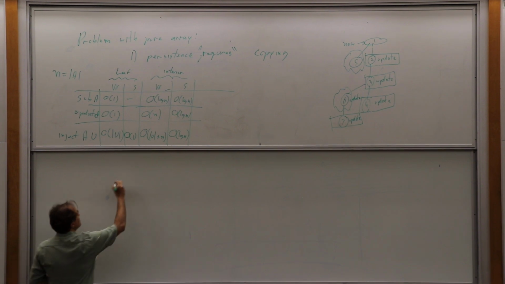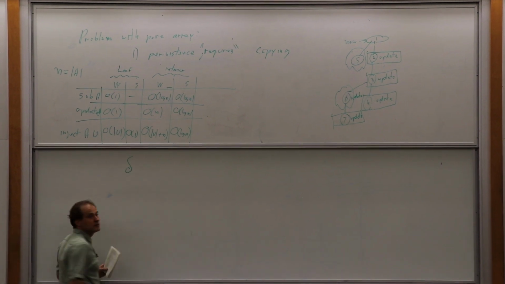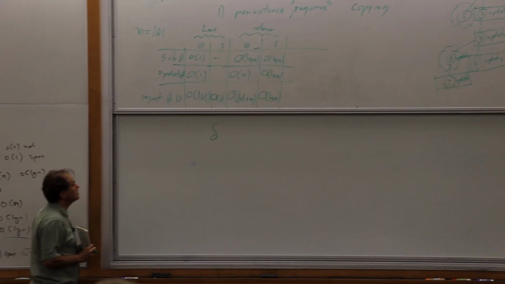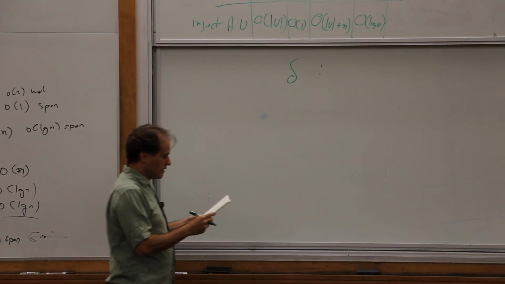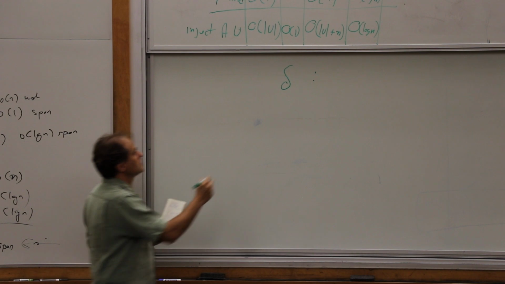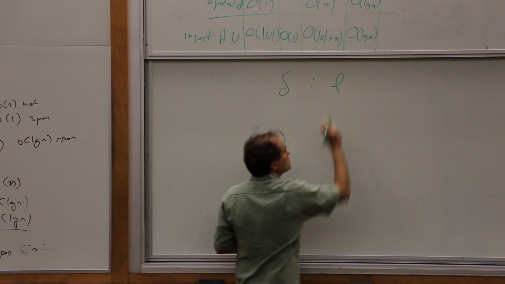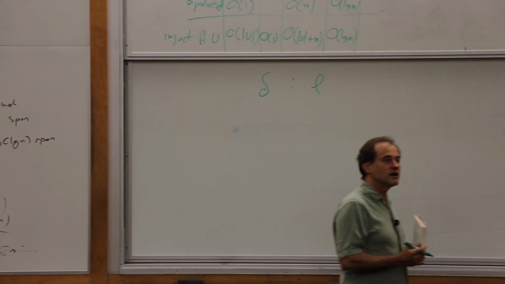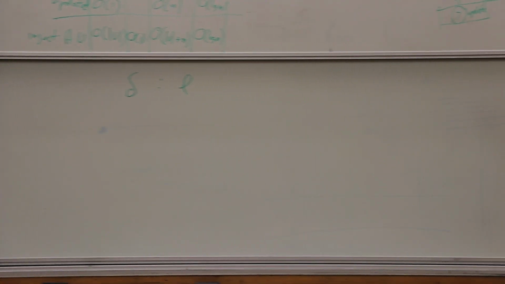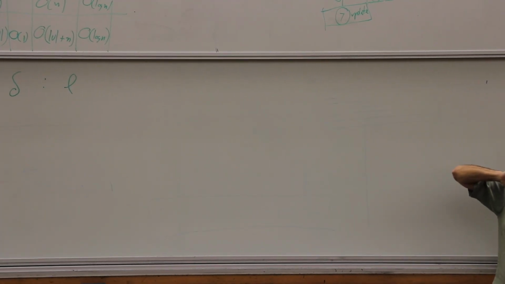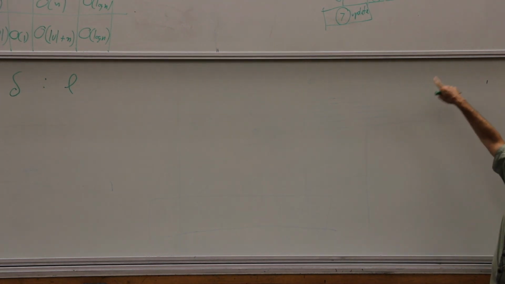And one thing is we're going to need a store. Okay, so the semantics is going to keep a store, and what it's going to be is a mapping from labels. We're going to attach a label to each array, and in particular, not just each array, but each version of an array, we're going to give its own label. That's how we're going to distinguish the different versions.